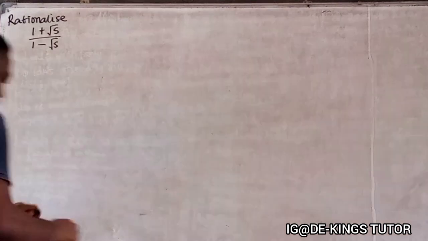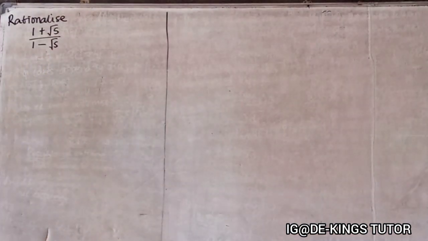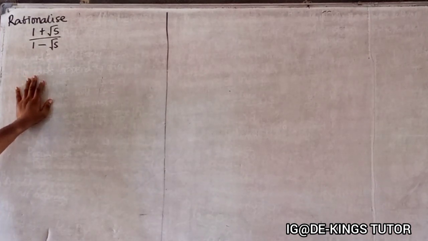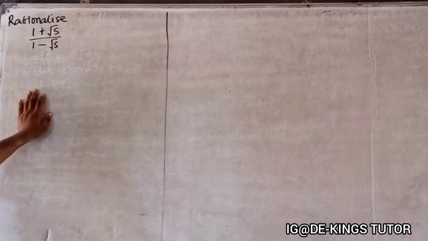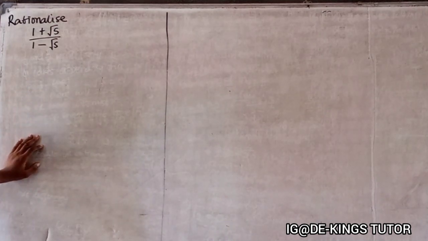So we're asked to rationalize 1 plus root 5 divided by 1 minus root 5. So in rationalizing the surd, we have something like this. You multiply the numerator and the denominator by the conjugate. Remember that the conjugate is the opposite in sign.